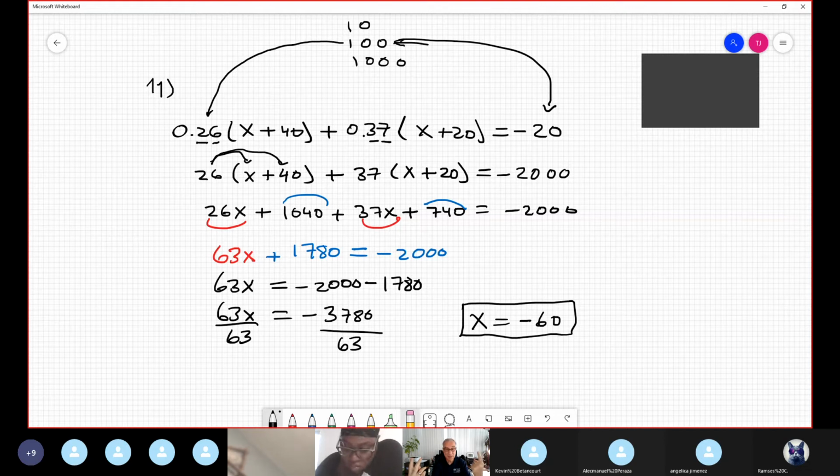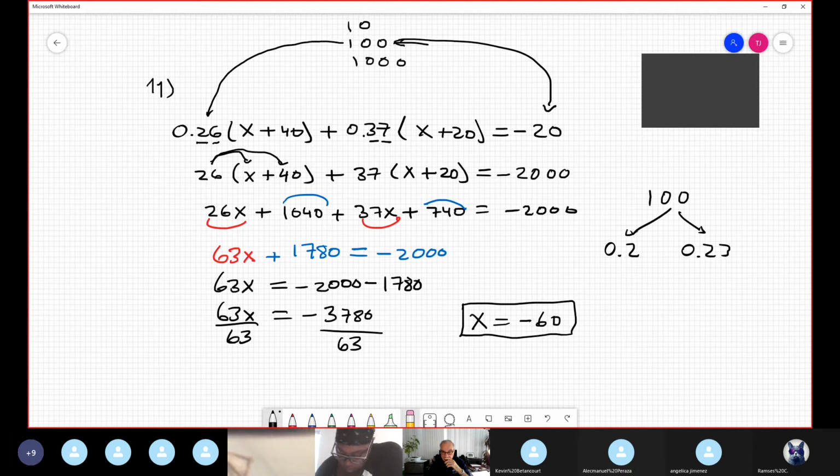Suppose, hypothetically, 0.2 and 0.23. In this case, you multiply by 100, because when you multiply this, it's 20 and 23, and you convert this decimal to a whole number.